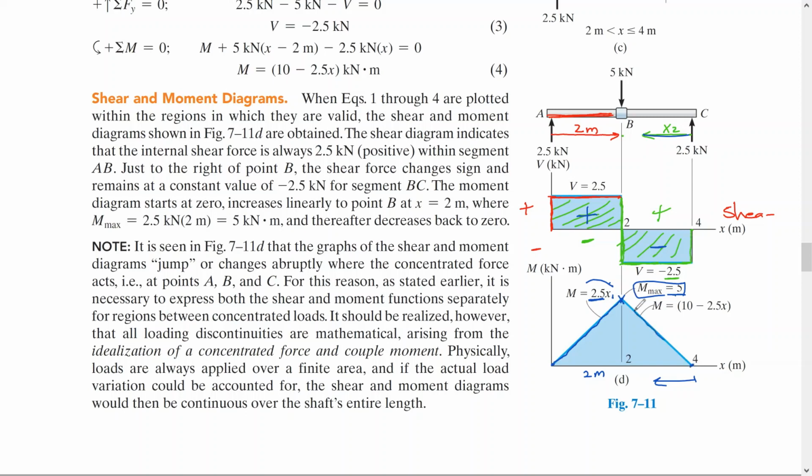So this is the moment diagram. Now I'm going to teach you different ways to draw shear and bending moment diagrams, but this is the basic way, the general way: take sections, get the equations, and substitute. The moment also comes out the same with the area method if you substitute x from here.